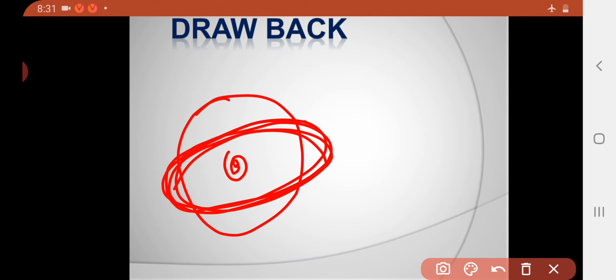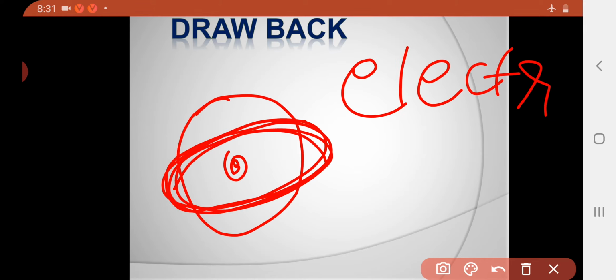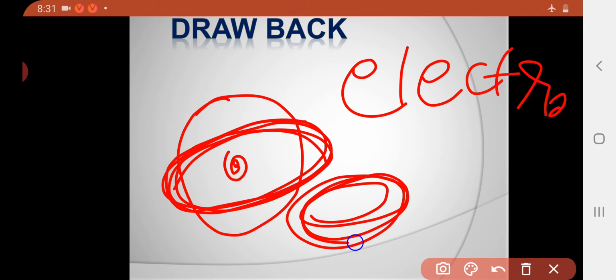But in science, there is a theory called the electromagnetic theory. According to the electromagnetic theory, whenever particles are moving around, they lose their energy.